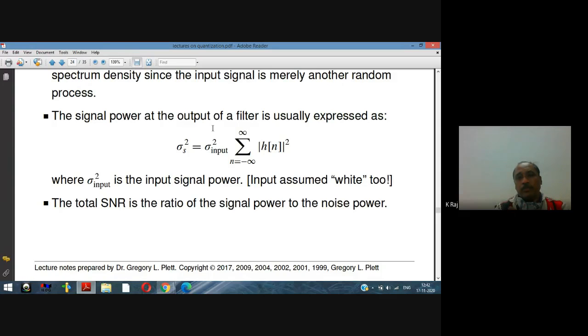This is the basic formula by which we can calculate the signal power at the output of a filter.